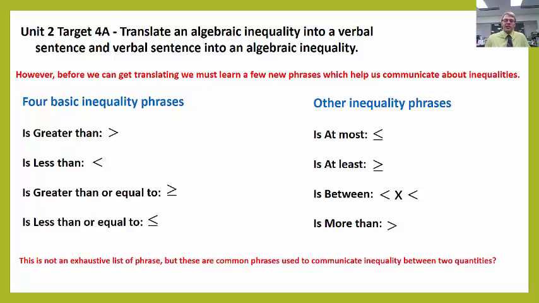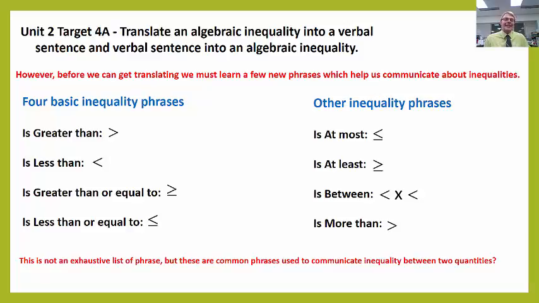Now, one thing to notice here is that we have the word is in front of all of our inequality language. If you'll remember from the list on the previous slide, the word less than could mean subtraction as well. Greater than can mean addition.